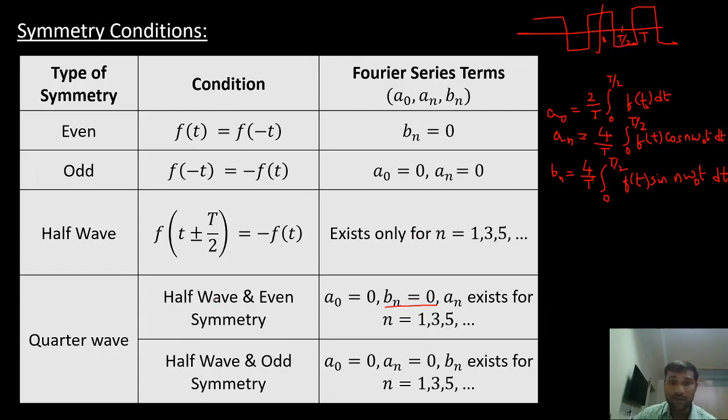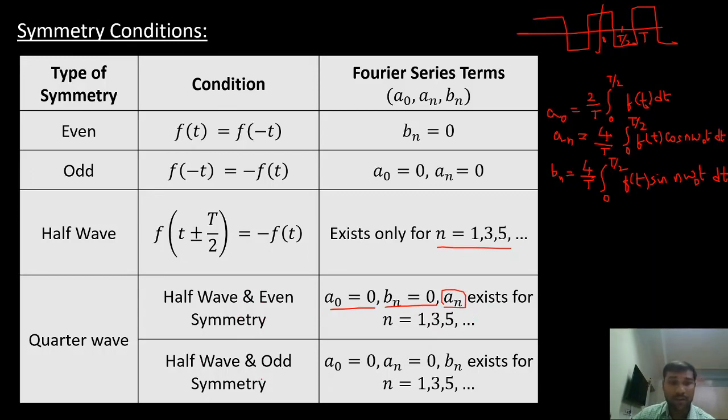If it is half wave symmetry, what happens? Only odd harmonics exist. That means A0 will become 0 because it's an even harmonic, and An will exist only for n equal to 1, 3, 5 and so on. For 2, 4, 6 and so on, it will be 0. So if you can find only An for a half wave and even symmetry signal, that is sufficient.